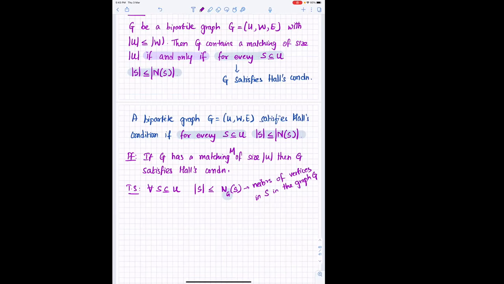Okay, can someone see why this should be true? Let's say there is a subset of vertices, a subset S of U, such that the cardinality of S is greater than the cardinality of its neighbors.